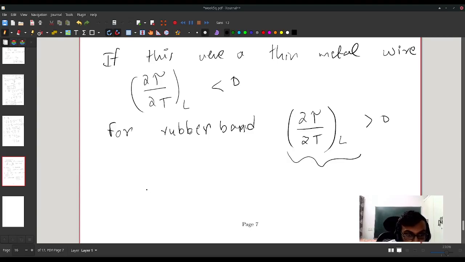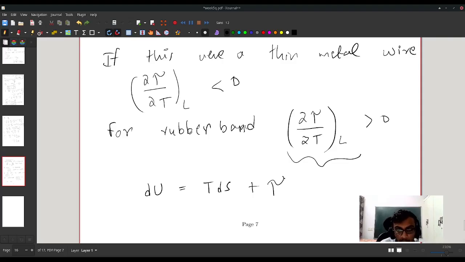So for the rubber band, we can write dU is TdS plus 𝒯dL. Remember, this is not compressive. Tension is a force trying to stretch the rubber band, so there would be a plus here.